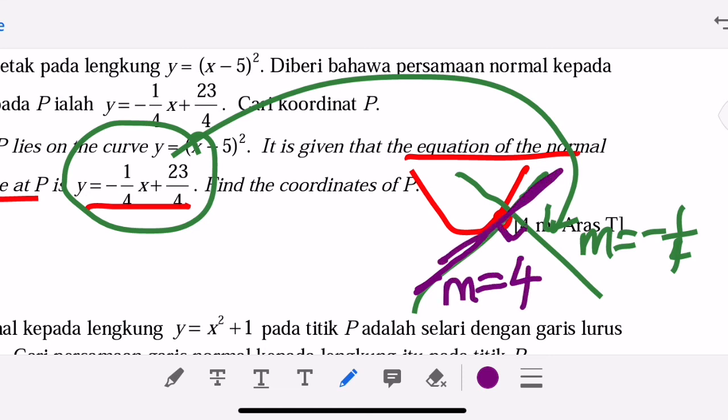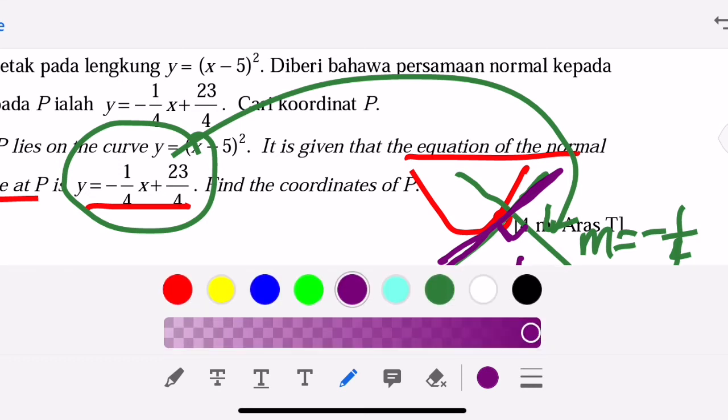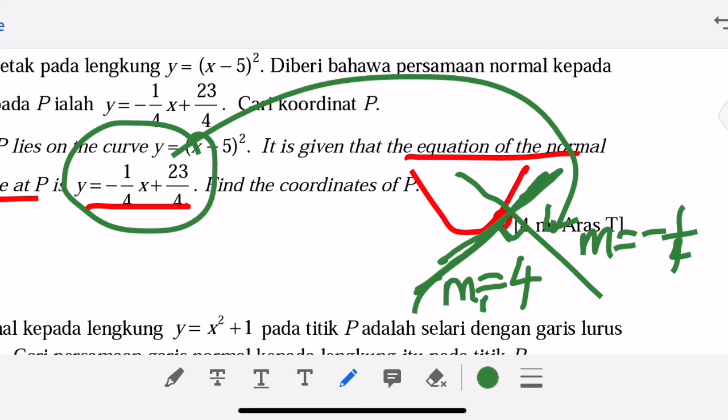Because they are perpendicular. m1 times m2 is negative 1. So if it is negative 1/4 here, the m will be positive 4, right? This is actually m2, and this is m1.